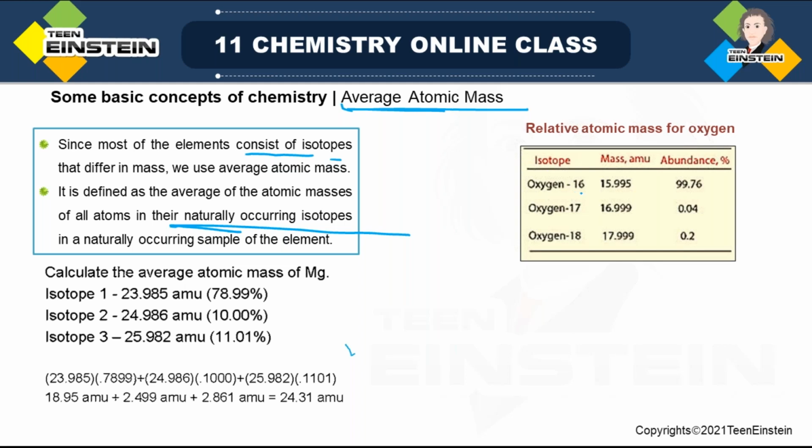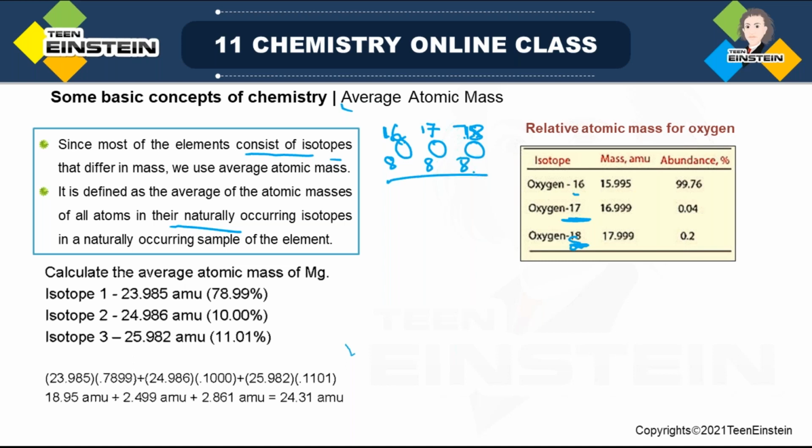Here we have a total of 3 isotopes, 16, 17 and 18. These are the different masses, because the definition of isotope says atomic number is the same but mass will be different. Sometimes we also express it like this: oxygen with mass 16 and atomic number 8, then mass 17, atomic number 8, mass 18, atomic number 8.